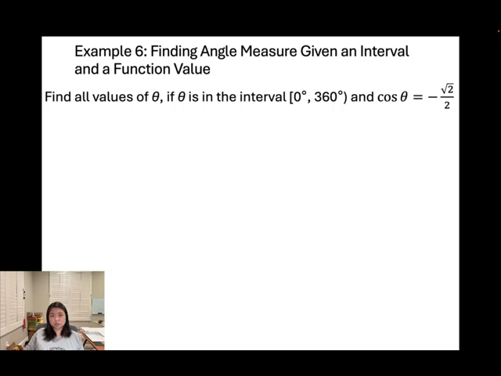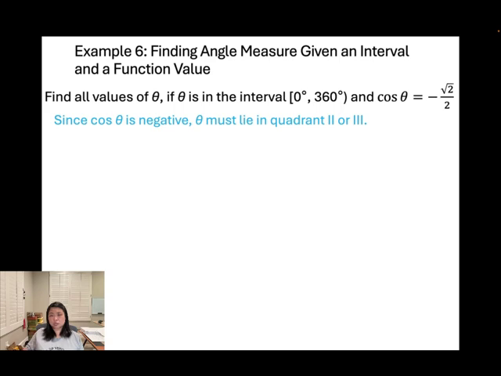Example 6. Find all values of theta if theta is in the interval from 0 to 360 and cosine theta is equal to negative root 2 over 2. Since cosine theta is negative, theta must be lying in quadrant 2 or quadrant 3.